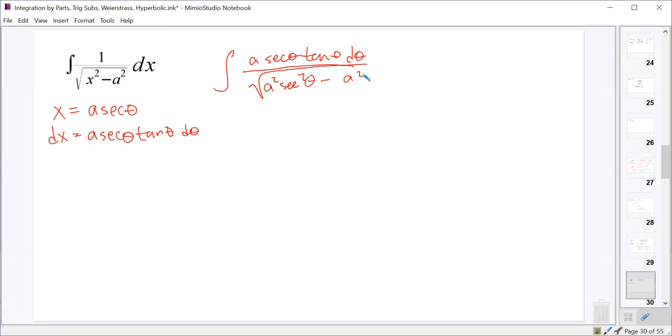And what can I do with that? What can I pull out of the denominator, that square root in the denominator? I can pull the a squared out, which just becomes what? Just becomes an a, good, which will cancel with the a in the numerator. Leaves us with secant squared theta minus 1 inside the square root. What's secant squared theta minus 1?